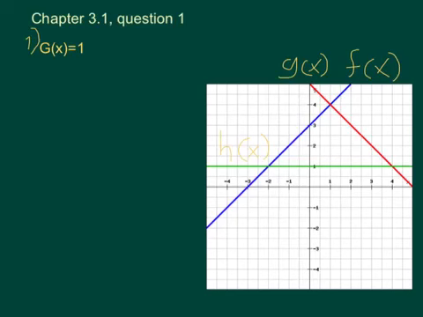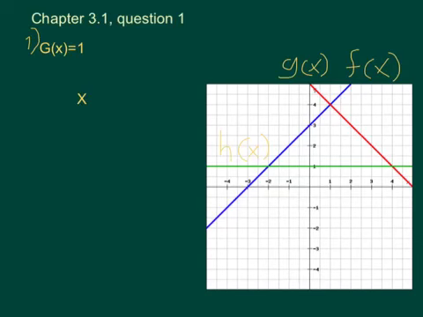So we are looking, where does the graph of gx equal 1? For what value of x does gx equal 1? And we can see that here, it's here. So when x equals 4, gx equals 1. So let's write that in.